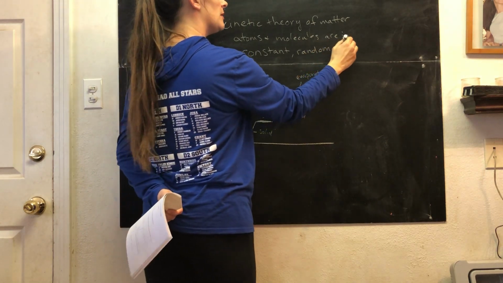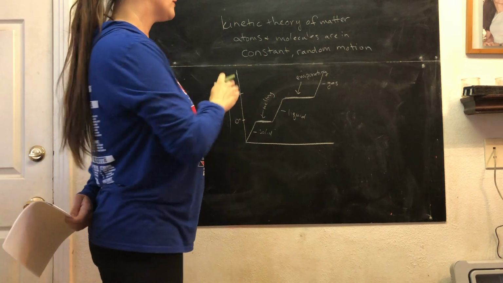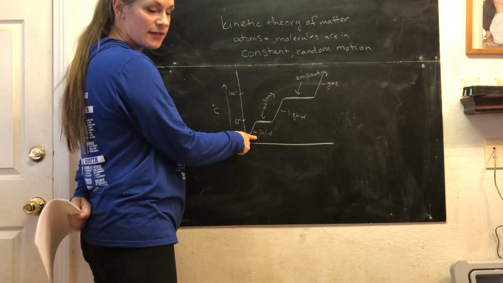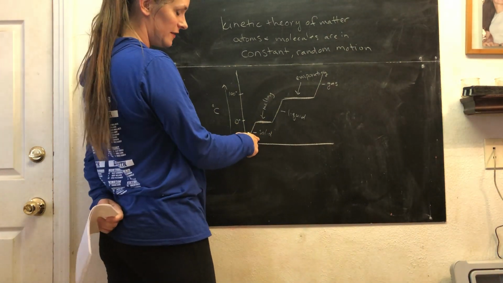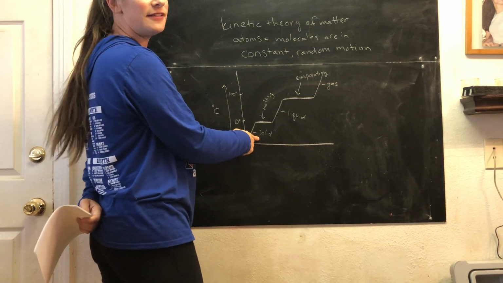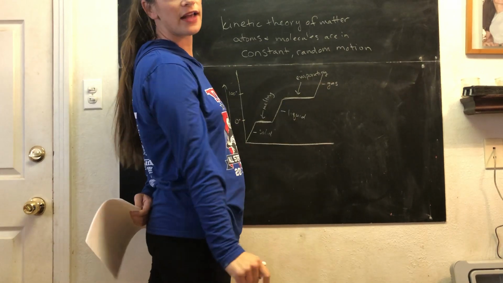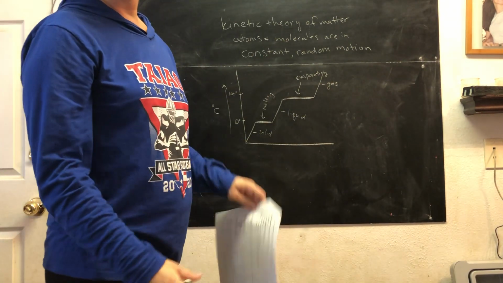And this is going to be really important when we study gases. But for now, just know that atoms and molecules are in constant random motion. As a solid, those molecules and atoms are vibrating in a solid, in a liquid, and in a gas. They vibrate the least in the solid form, a little bit more in liquid, and the most in a gas. And in a gas, they're always colliding with each other randomly. Okay?